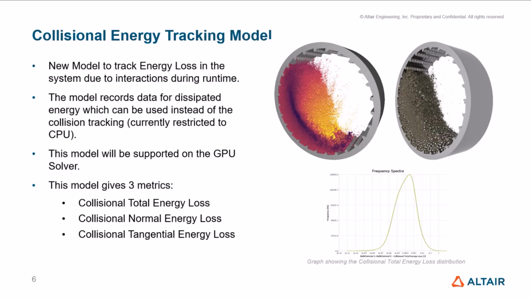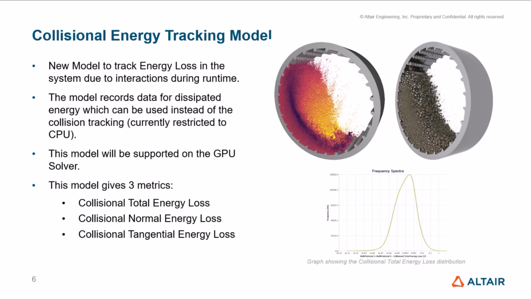So this collisional energy tracking model is now a model rather than a tick box that it used to be inside the simulator tab. Once you load the model, it will actually register 3 different custom properties, and these are taking advantage of another capability that was added, I want to say 1, maybe 2 releases ago, of the counter custom properties.